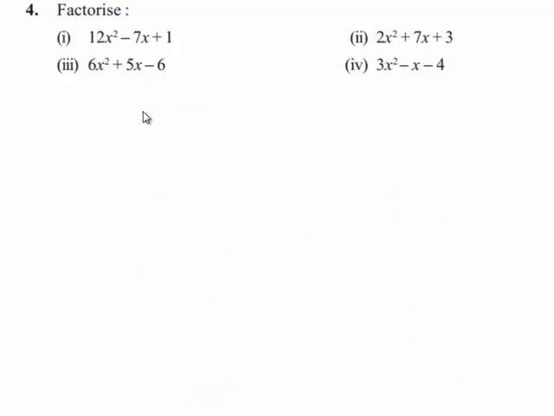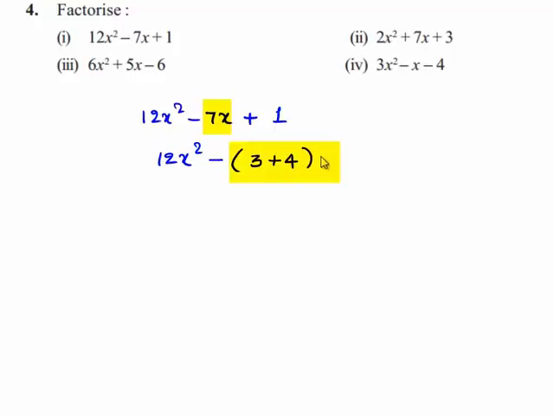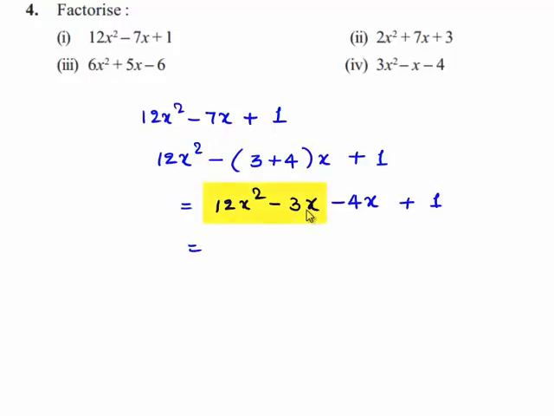So the given polynomial 12x square minus 7x plus 1 can be written as 12x square minus (3 plus 4) times x plus 1, which is equal to 12x square minus 3x minus 4x plus 1. From the first and second terms, we can take 3x as common.